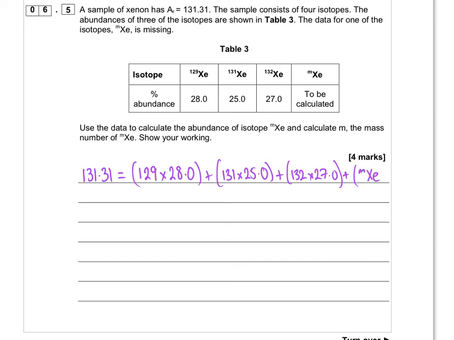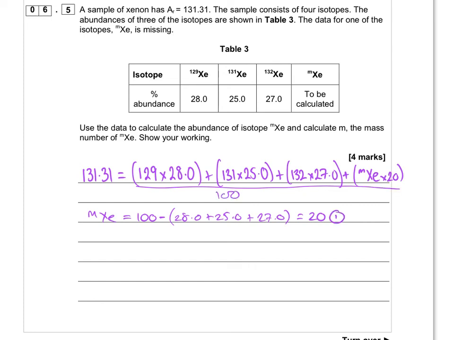But we do know its percentage. So the percentage of Xe is going to be 100 minus (28.0 plus 25.0 plus 27.0) because it has to add up to 100. So if we work that one out, it comes out as 20%. So we know that one is multiplied by 20. Now don't forget, these are all percentages, so it should be over 100.